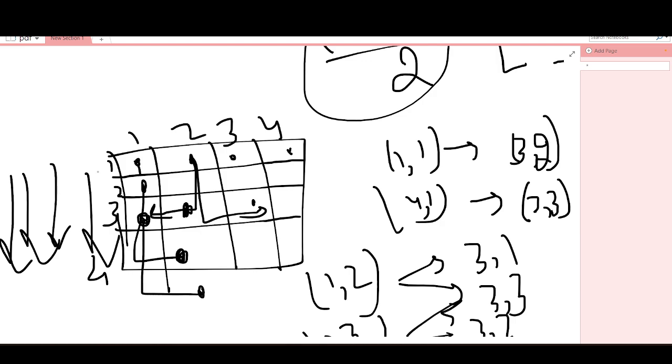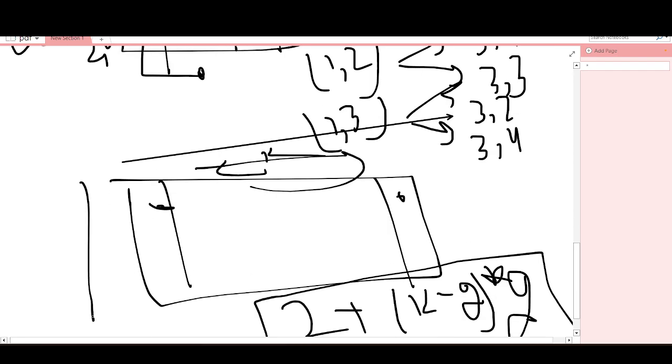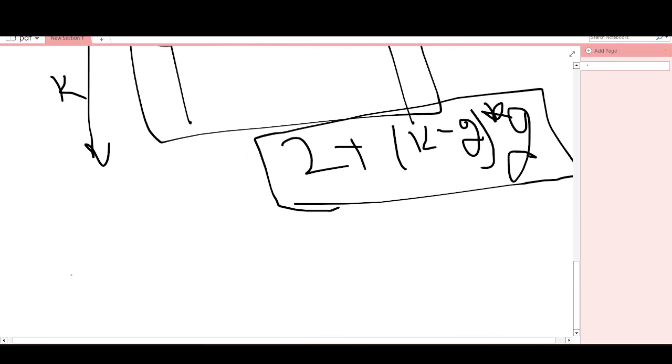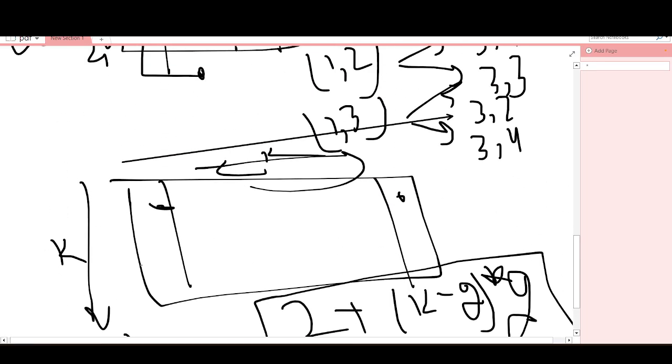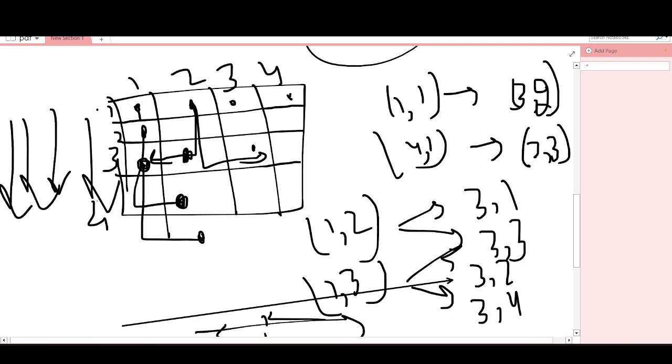So if I have k rows vertically down, that means knights will be able to attack only from k minus 2 rows from the bottom. For example, here a 4 cross 4 matrix was taken. So 4 minus 2, therefore from the second row onwards, this is the last row from where the knight can attack. It cannot attack vertically downwards from the third row onwards.